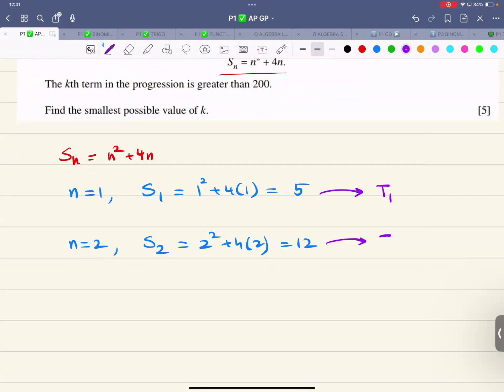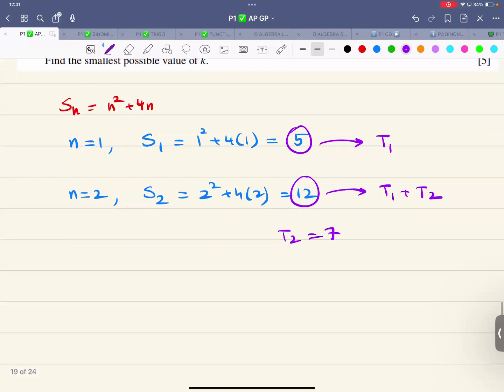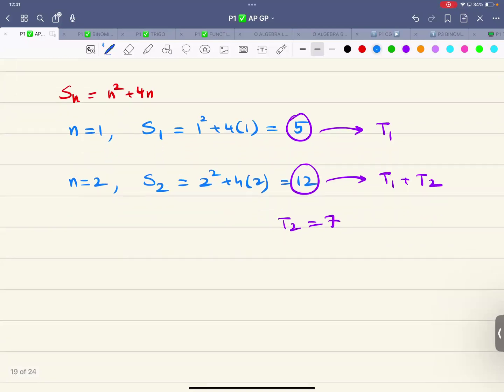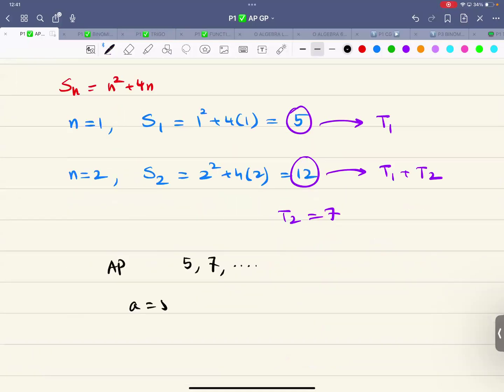Sum of two terms is T1 plus T2. The difference between these two is the second term. So T2 is 7. So now I'll write 5 as the first term, 7 as the second term, and so on. It's an AP. So first term is 5 and common difference is 2.